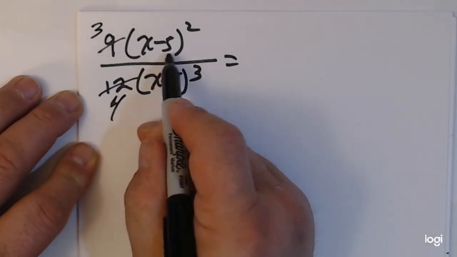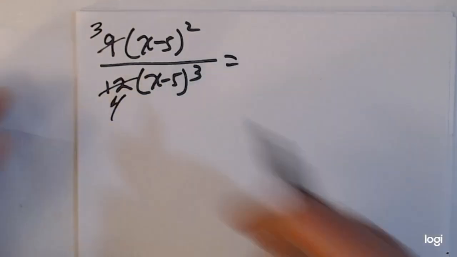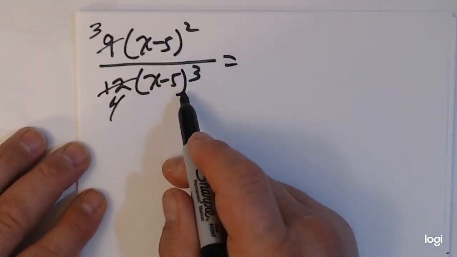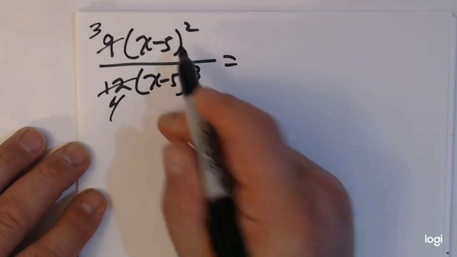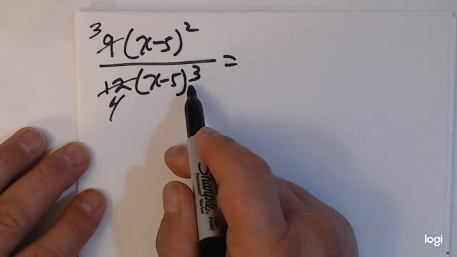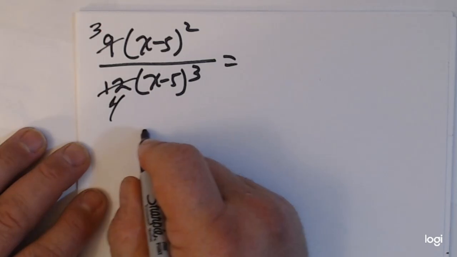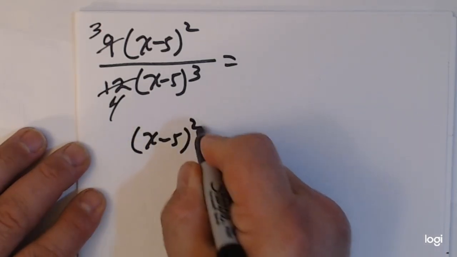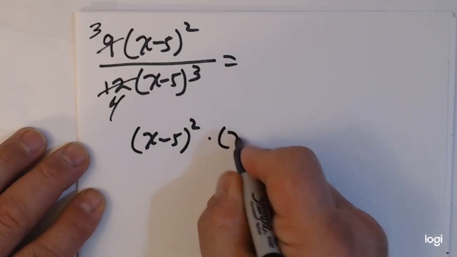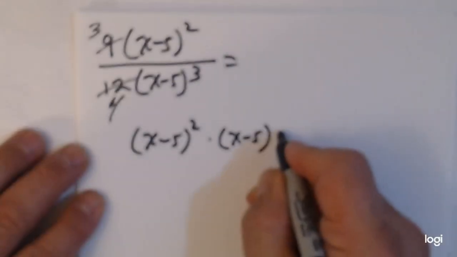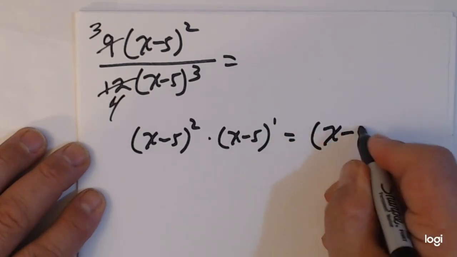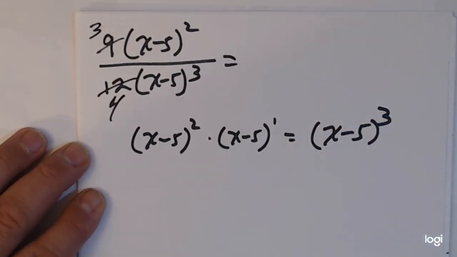Now, x minus 5, well, that's just some number, x minus 5. We're going to be able to reduce the x minus 5s. We have x minus 5 squared and x minus 5 cubed. So, look, if we have x minus 5 squared times x minus 5, that's actually to the 1. That gives us x minus 5 cubed.